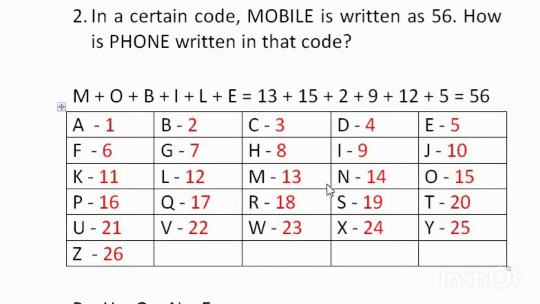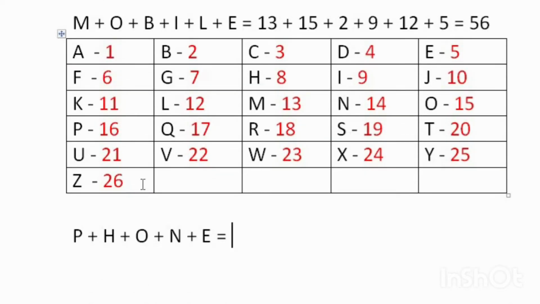Okay. So the question is, how was font written in that code? In a similar way, how can we write font? The value of P is 16. The 16th letter is P, and H is the 8th letter. So 16 plus 8 plus O, the value of O is 15, that is, the 15th letter is O. So 15 plus the value of N, which letter is N?